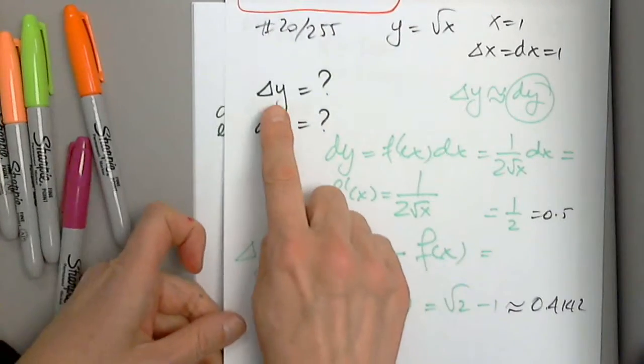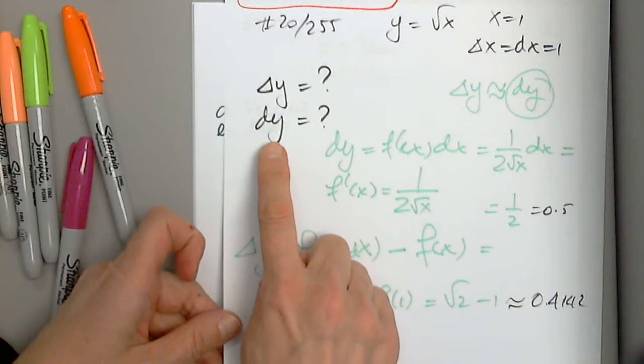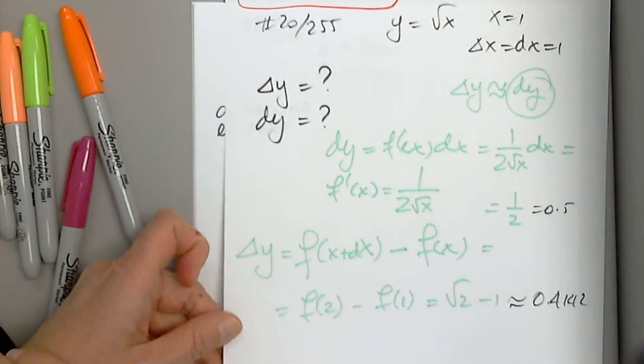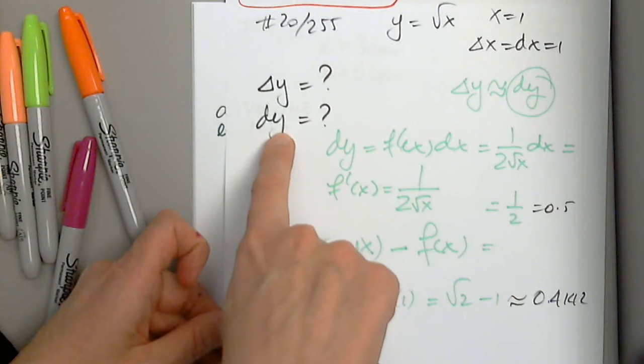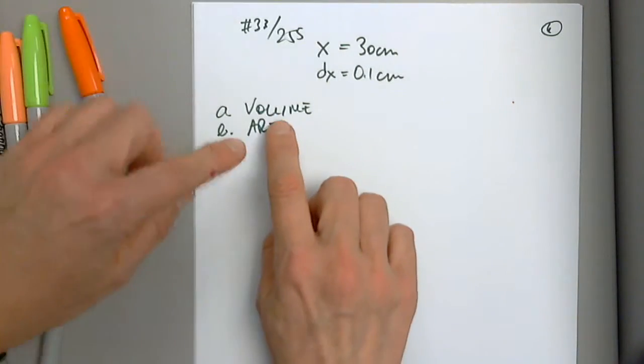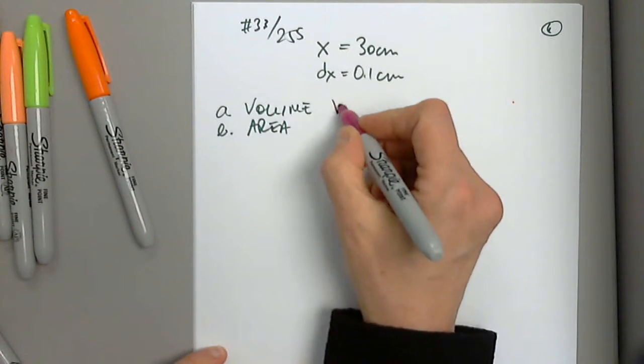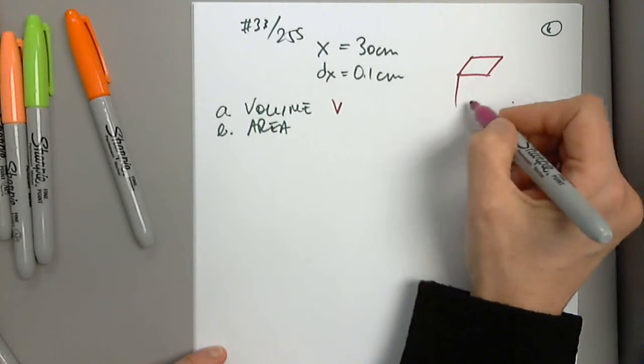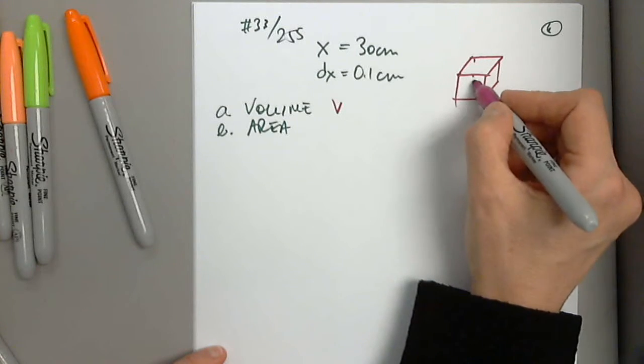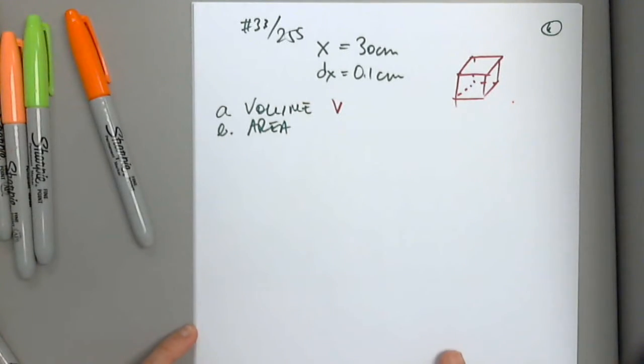So what am I asked to determine? Am I asked to determine this, or am I asked to determine this? I'm asked to determine this, but this time for the volume. Let's determine the volume of a cube.